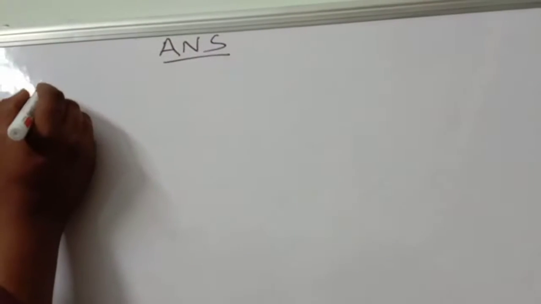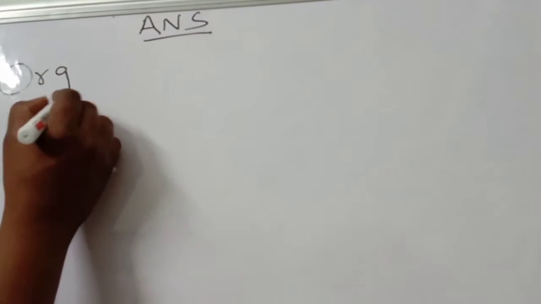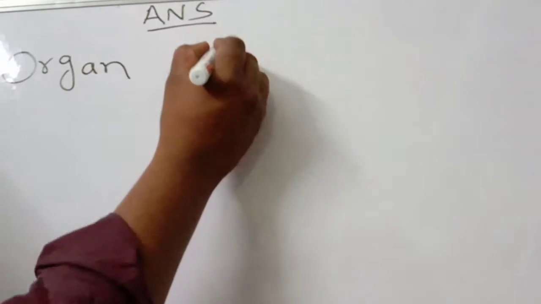Okay, children, sympathetic and parasympathetic. In the first column, organ, like this you can divide.